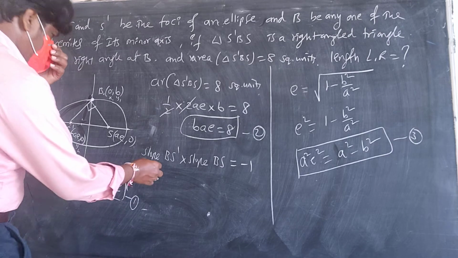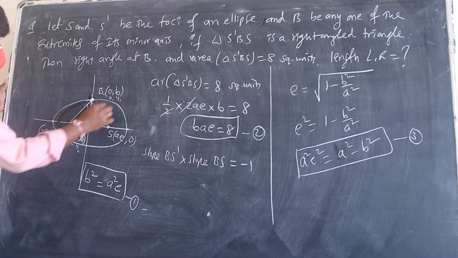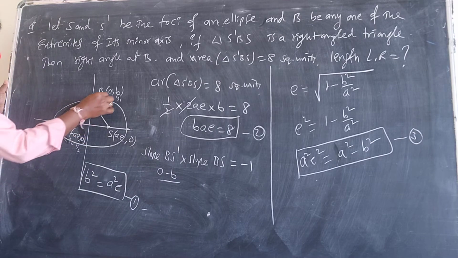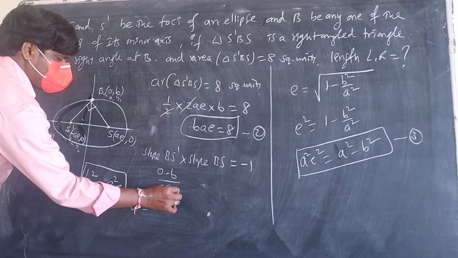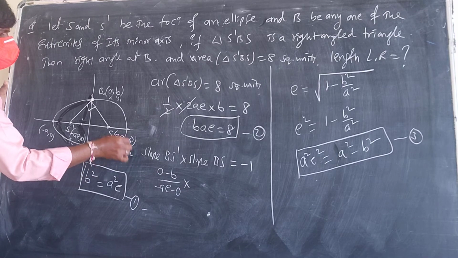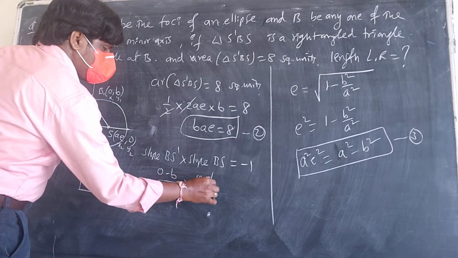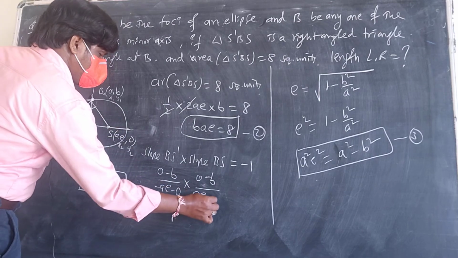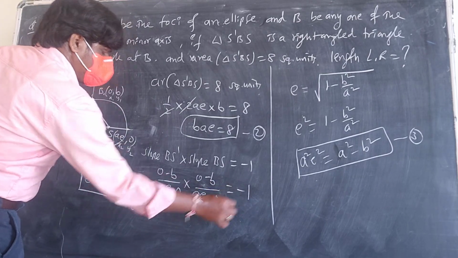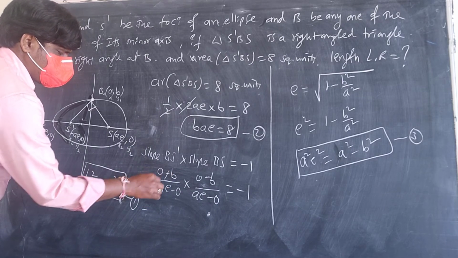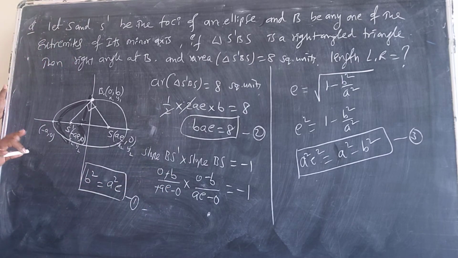See the slope here, y2 minus y1, that is 0 minus b divided by x2 minus x1, minus ae minus 0. Here this is x2, this is y2, 0 minus b divided by ae minus 0, this is equal to minus 1. So the minus cancels, and 0 minus b is b.